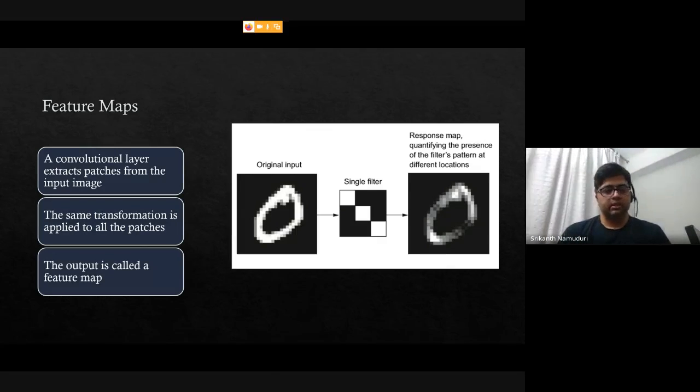Every input image has the same set of filters applied. Like I mentioned, there's usually not a single filter that is applied, but a set of filters, and each filter extracts a different feature or identifies a different pattern in the image. Then we put it all together for the next layer in the form of a feature map.